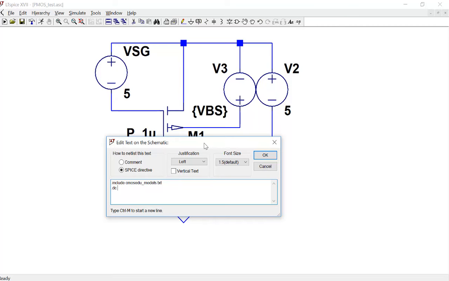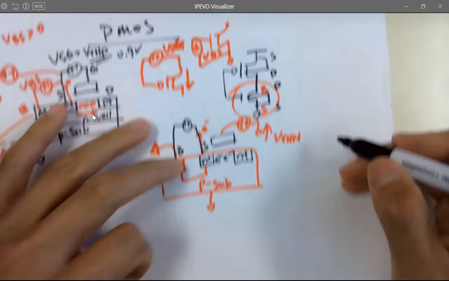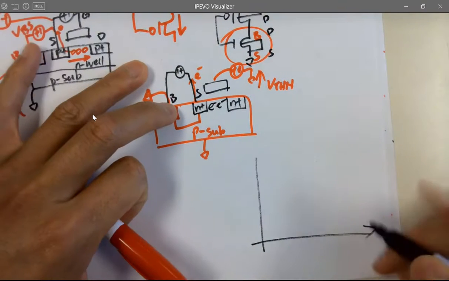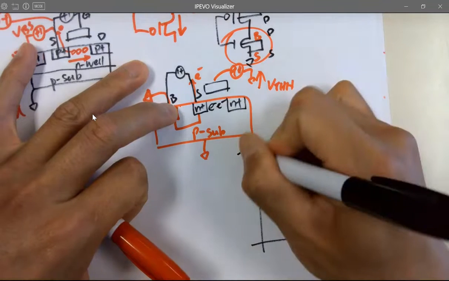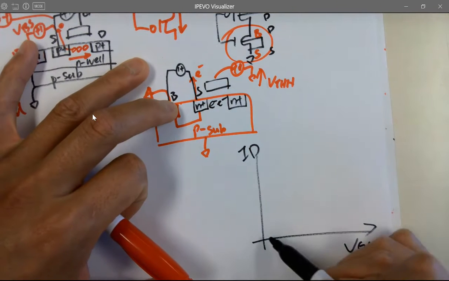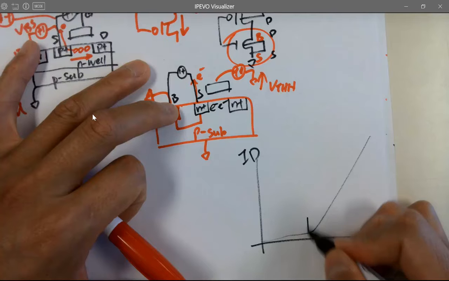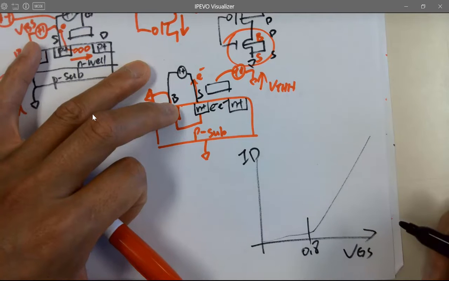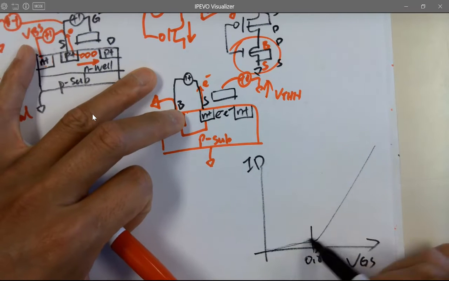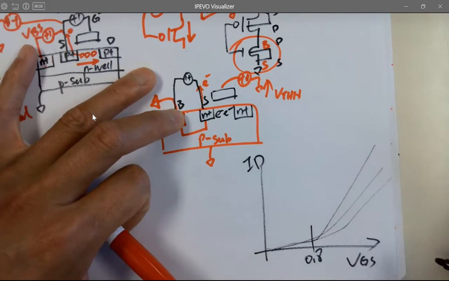Remember, after a threshold voltage. So I'm just drawing one for NMOS, VGS, ID. Remember, after it passes the threshold voltage, the current goes up. And here's 0.8 volts for NMOS. If you have different threshold voltages, you are seeing this. This is what you expect.